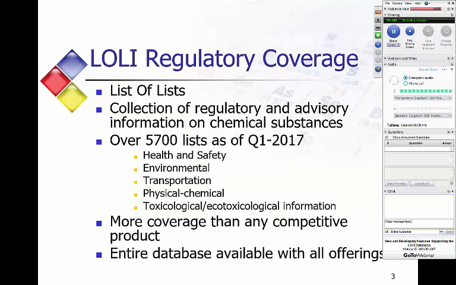As a point of comparison, 10 years ago, that number was more like 1,200. So we've more than quadrupled the size of the database over those years. That is in part due to the diligence and awareness of our experts who collect this information, but it's also a reflection of the incredible change that has taken place in the EHS environment over the past decade.